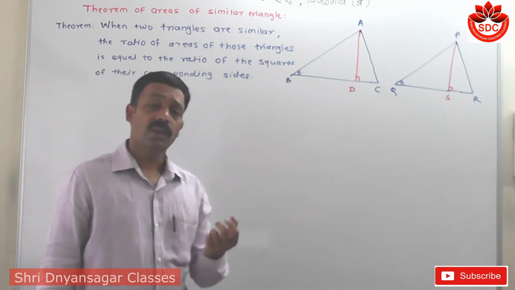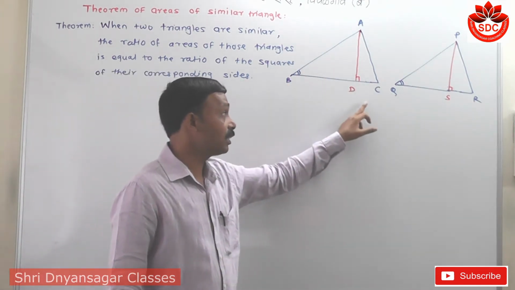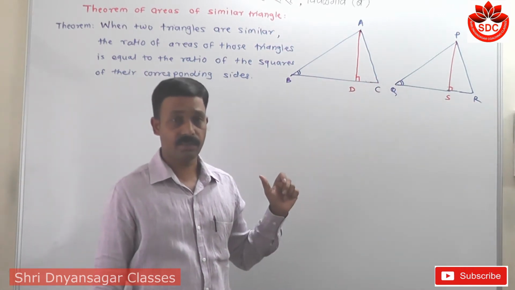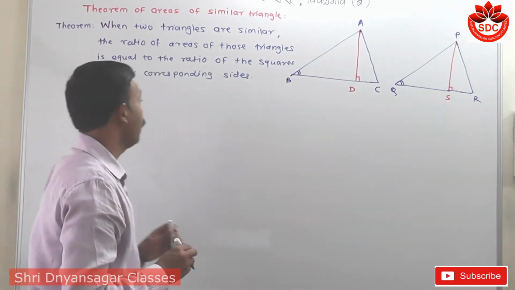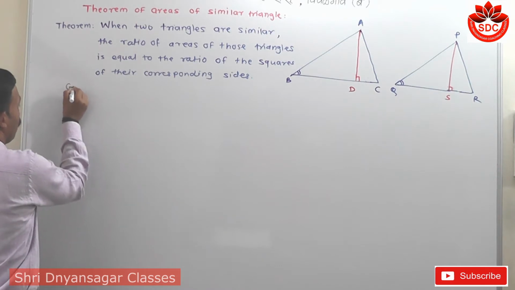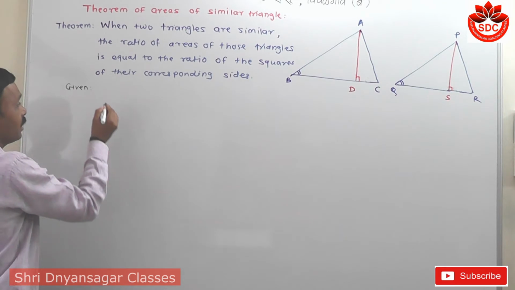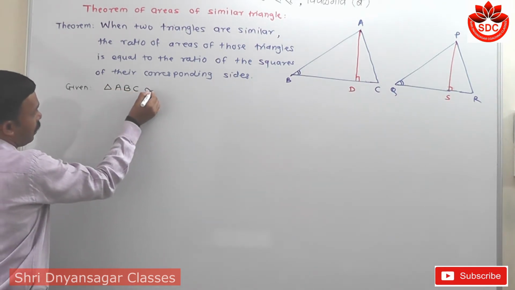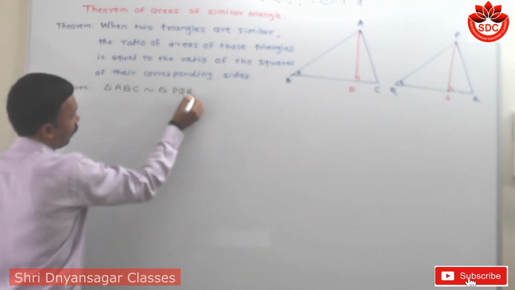So these two triangles are similar. Here I have to draw triangle ABC and triangle PQR. Both are similar triangles. So in your given, we write here in given: these two triangles are similar, that is, triangle ABC is similar with triangle PQR.